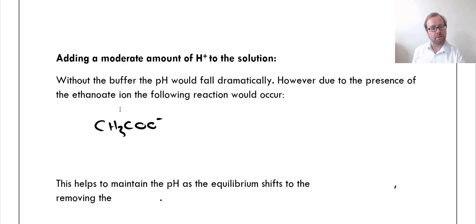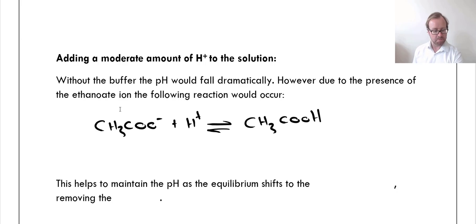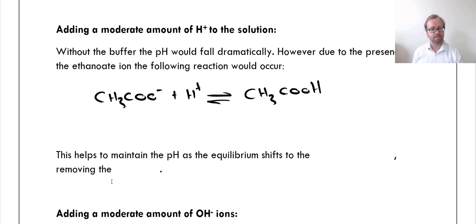My ethanoate ions can react with H plus to produce my ethanoic acid. This helps to maintain the pH as the equilibrium shifts to the right, removing the H plus ions.